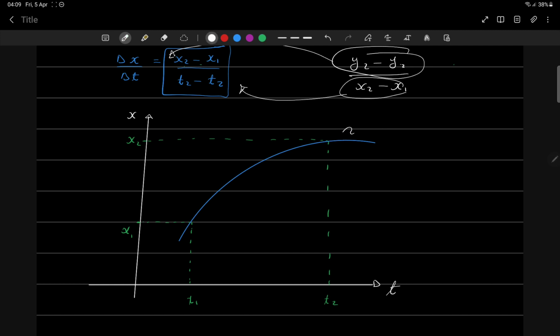All I have to do is connect a straight line between those 2 points, find the gradient or the slope of this straight line, and I have my average velocity.